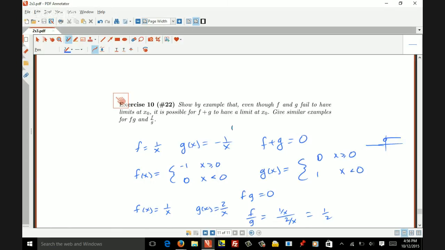Then for all x and y in x naught minus delta n, x naught, well, I'm going to do it this way.